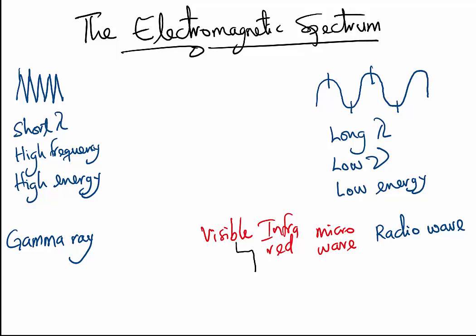And the longest wavelength visible light is red, followed by orange, then yellow, then green, then blue, then indigo, and lastly violet.